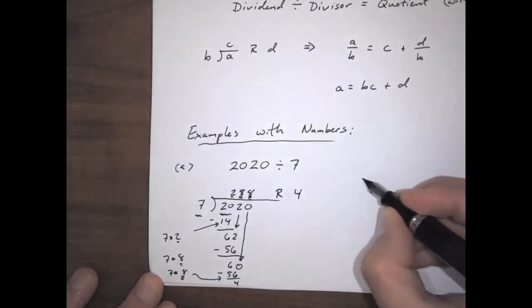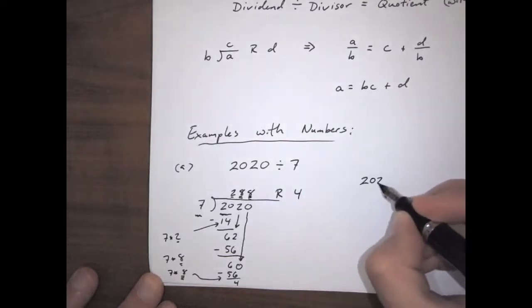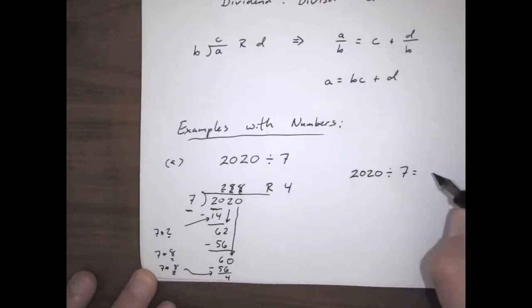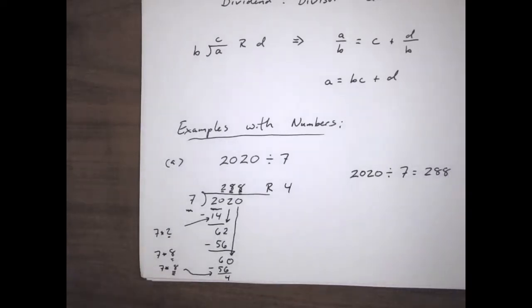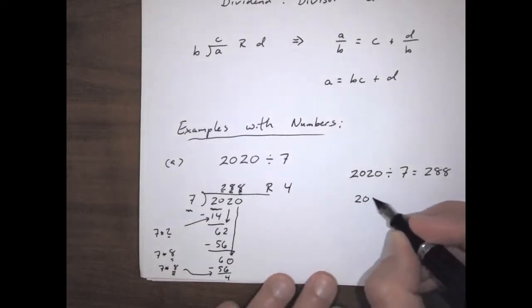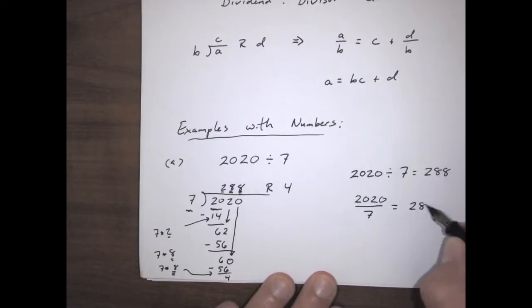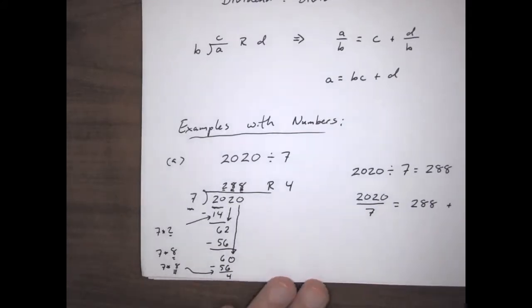So what this means is that 2020 divided by 7 is equal to 288 remainder 4, or in other words, 2020 divided by 7 is equal to 288 plus 4 over 7. So those 4 were left over.